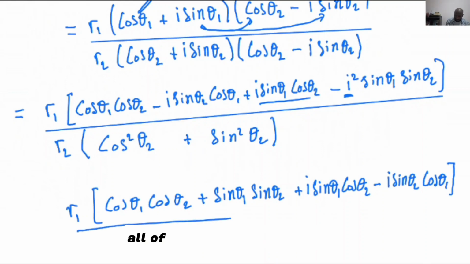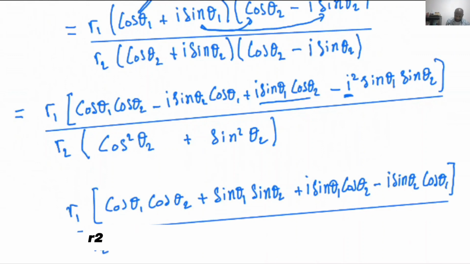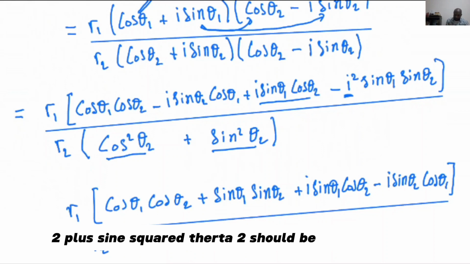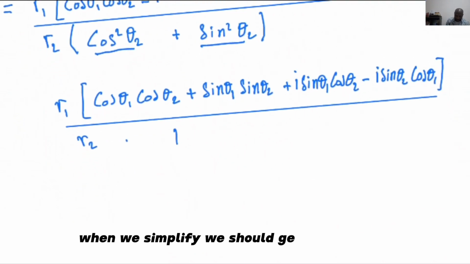All of this divided by r2 multiplied by 1, since cos squared theta 2 plus sine squared theta 2 should be 1. Now, when we simplify, we should get this.